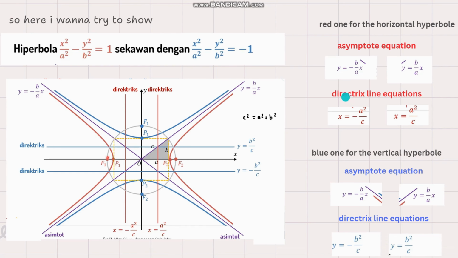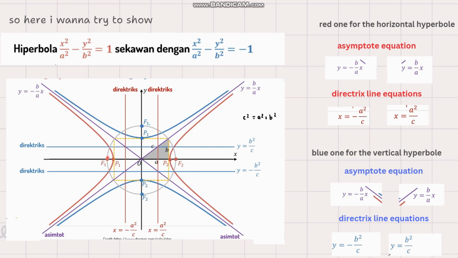So here I want to try to show that hyperbole x squared over a squared minus y squared over b squared equals to 1 is conjugate with x squared over a squared minus y squared over b squared equals to minus 1. So here I deliberately differentiated the colors: the red one is for the horizontal hyperbole and the blue one is for the vertical hyperbole. So we can draw the graph like this.